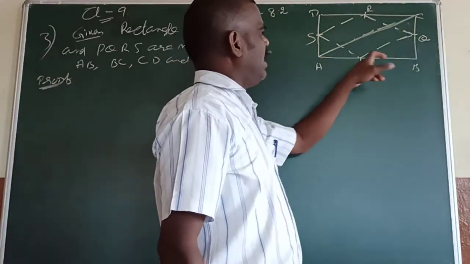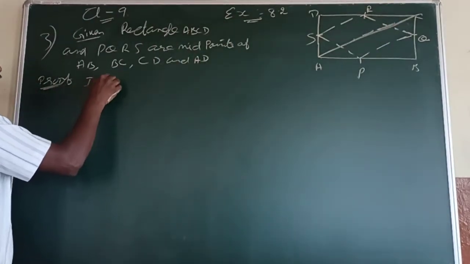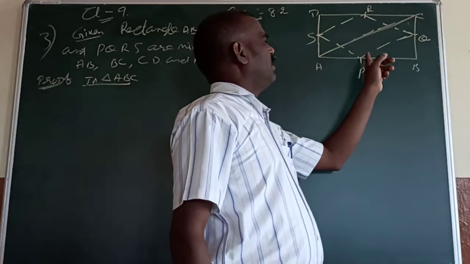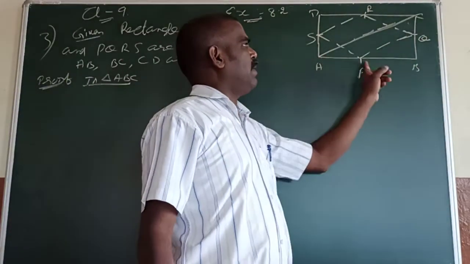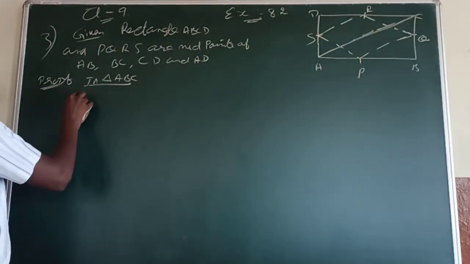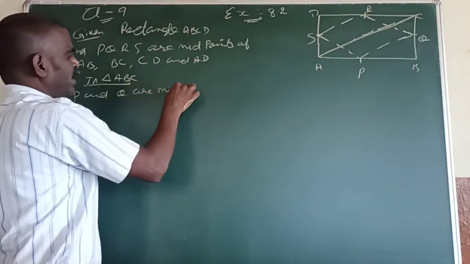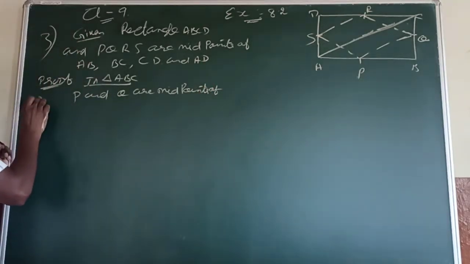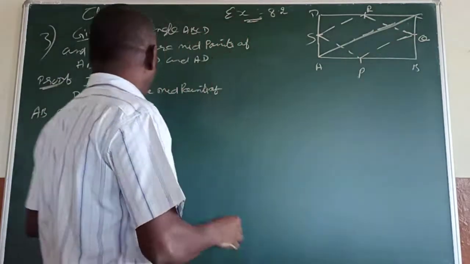In triangle ABC, P and Q are the midpoints of AB and BC.